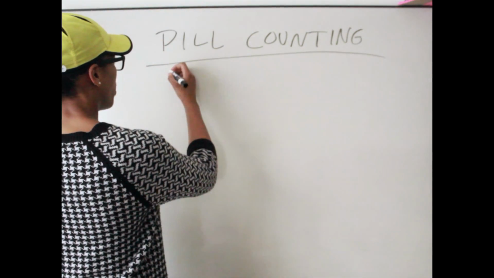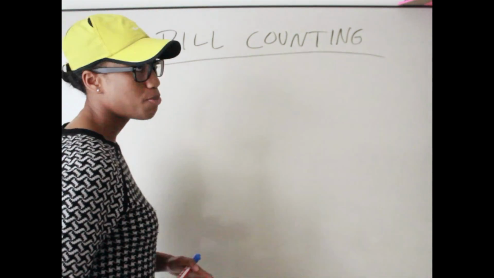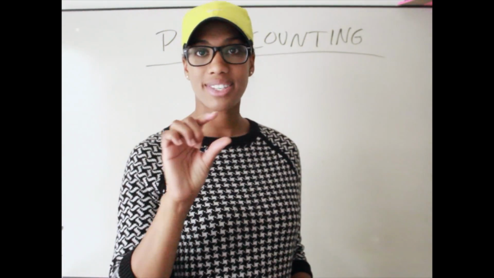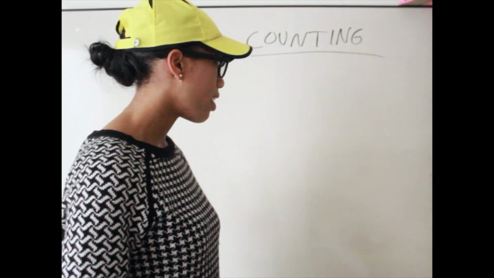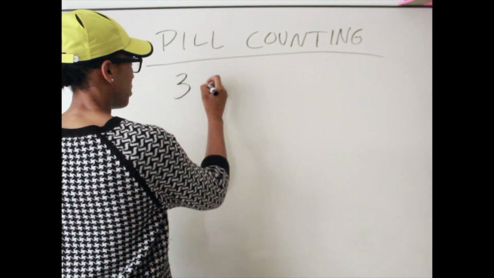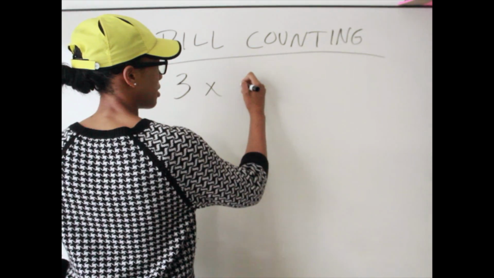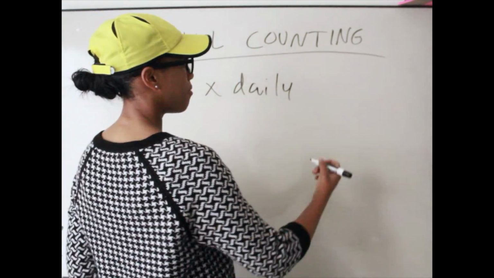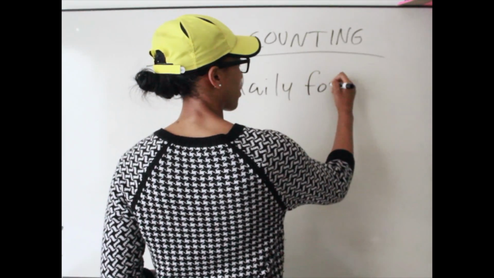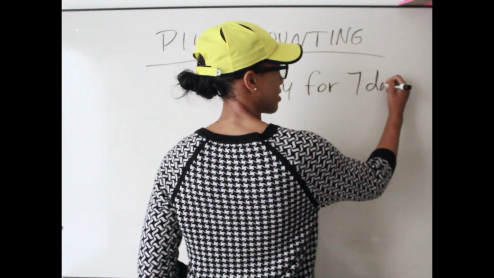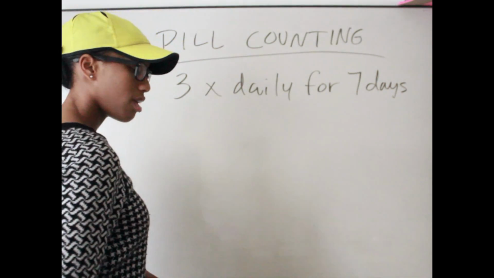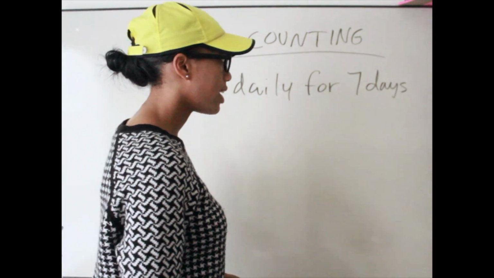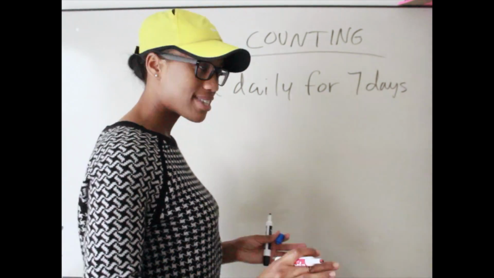So with pill counting, of course, you may be given a prescription and it's going to have a SIG read on there. So the SIG may say, I don't know, 3 times daily, okay? And you may have for 7 days, okay? So if this patient is taking 3 pills daily for 7 days, let's just do some basic math here.